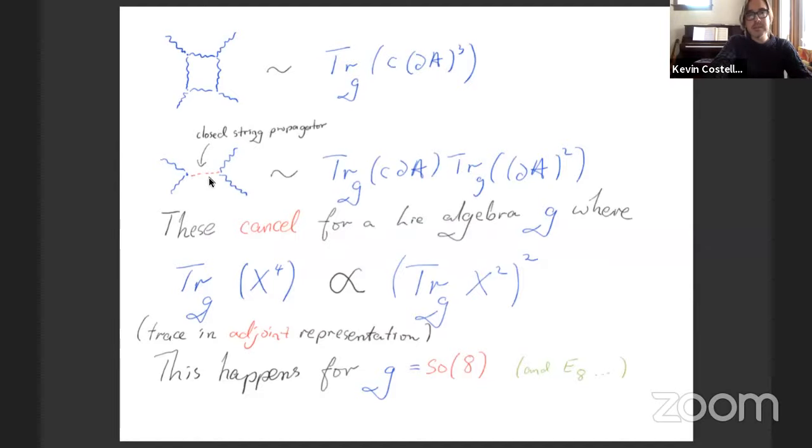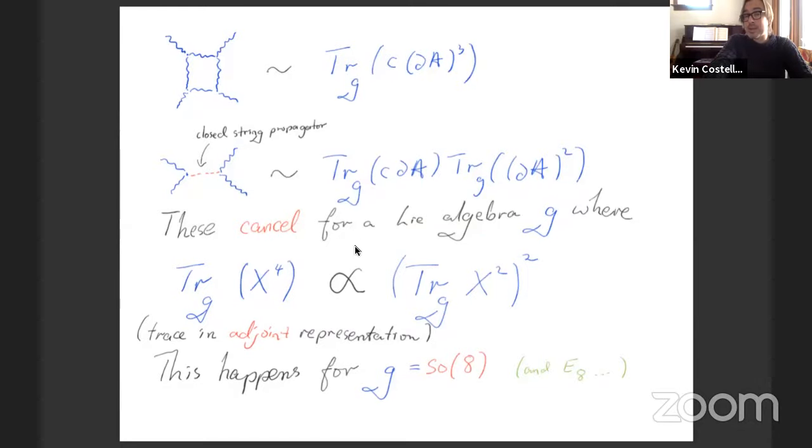This expression here gives rise to a similar expression. Here we have the closed string propagator. Because the closed string field is coupled by a trace, we're going to have 2 traces. And this is what we find.